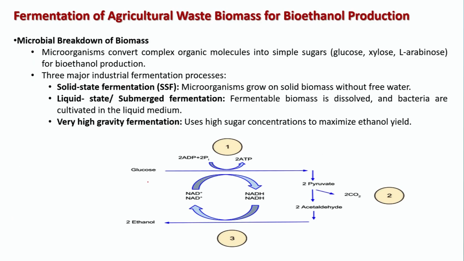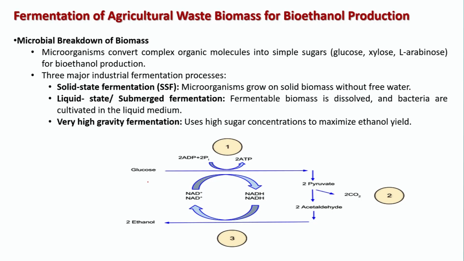And fermentation of your agriculture waste biomass for bioethanol production can be another way of converting it for useful purposes. And for achieving it, we have 3 ways of doing it. Either we can go ahead with solid state fermentation, or we can go ahead with liquid state fermentation or submerged fermentation. People also put it under that terminology, and very high gravity fermentation.